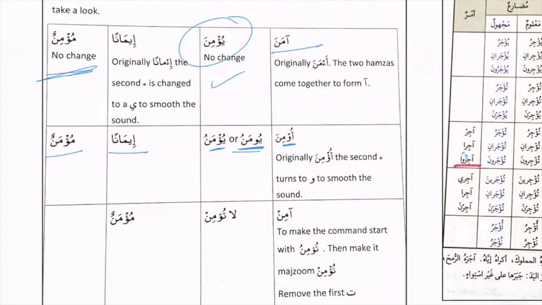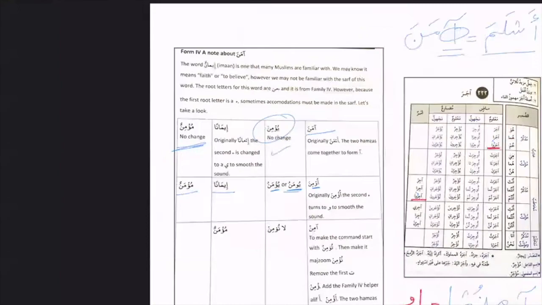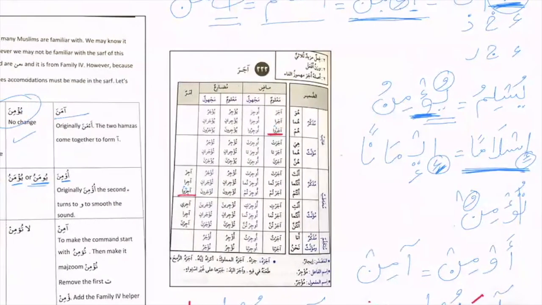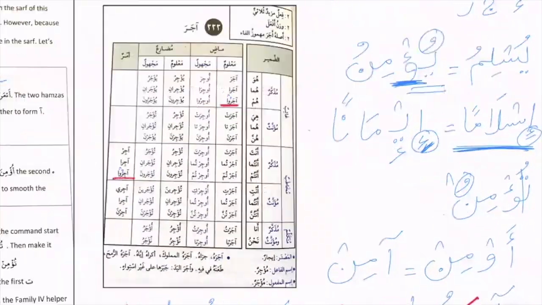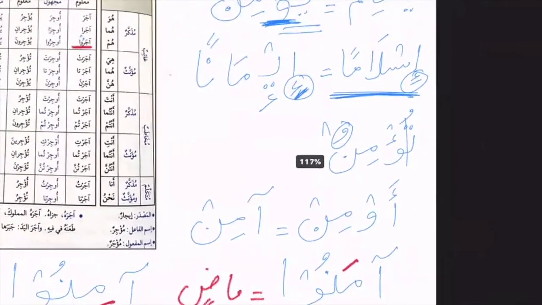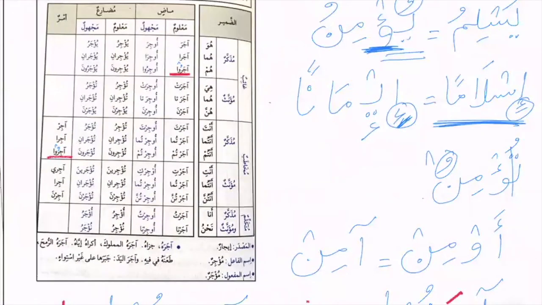mu'manun, and then amin. So what is happening in amin? Basically our anta is tu'minu, right? Now we need to make it majzoom.